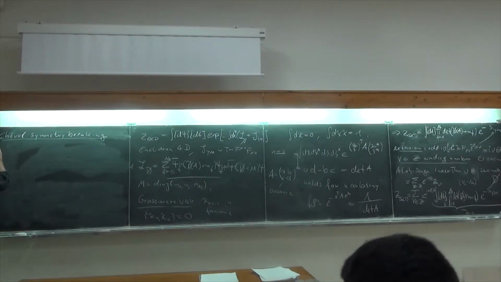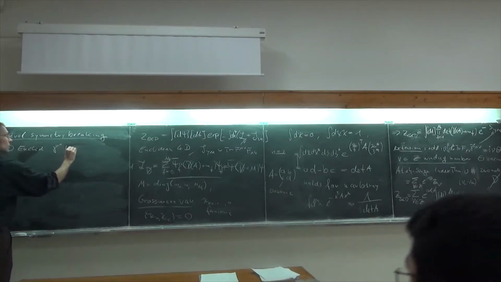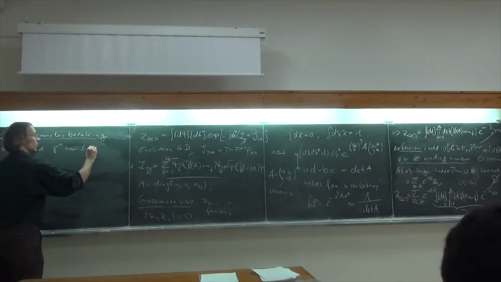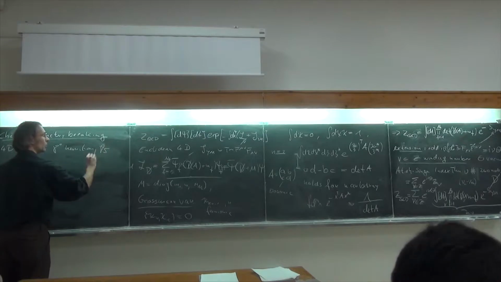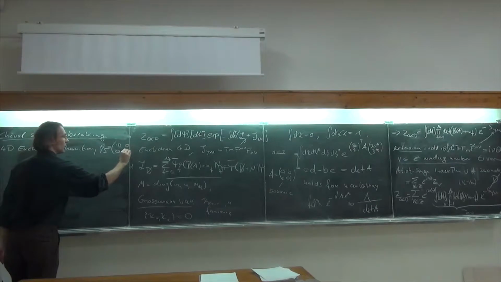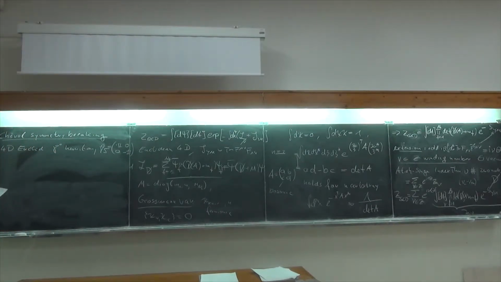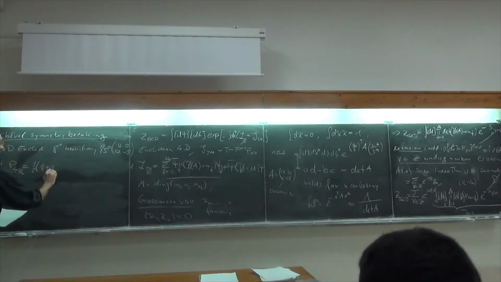So for the Euclidean, the gamma mu's are Hermitian. Then I will choose a chiral basis for the gamma matrices. So I can write gamma 5 in this way. There are, of course, other representations. And then I can define projection operators P L R, so P left or right, as follows: 1 plus minus gamma 5.